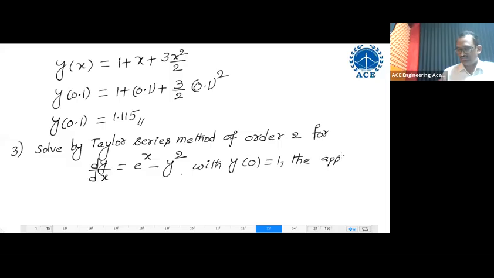Find the approximate value of y of 0.1. Try yourself. We will continue after the break.